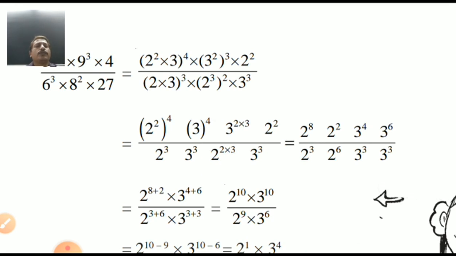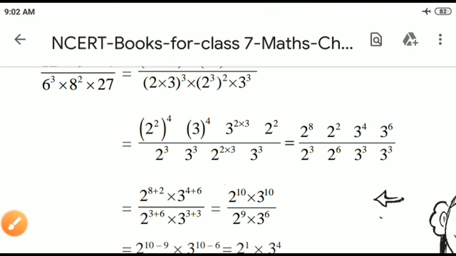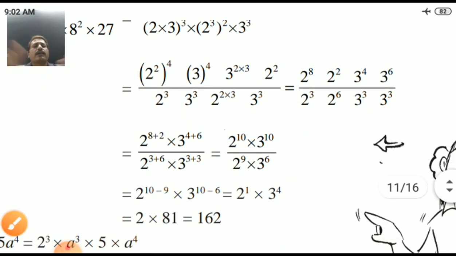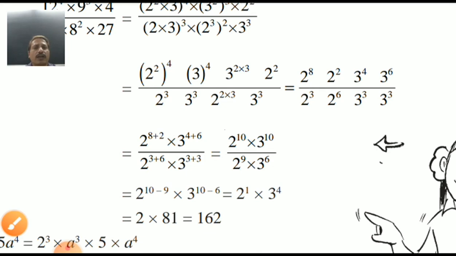raised to 2 multiplied by 3 raised to 4 multiplied by 3 raised to 6. Same way, downside also 2 raised to 3, 3 raised to 3. Here there is no multiplication sign, but you know these are multiplication signs, students. Yes, between all numbers multiplication sign is there. Clear? Okay. Now at last here the bases are common.